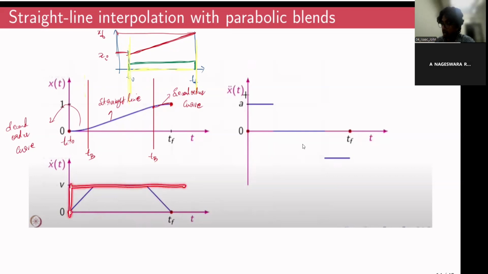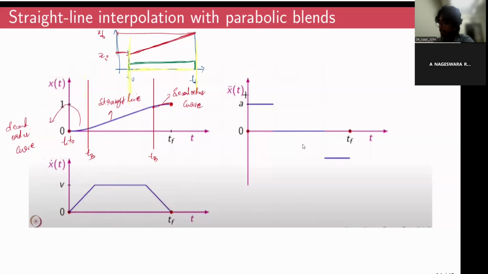It will be constant until it reaches the final time. Then it suddenly drops back, something like this. But due to the fact that we are blending a parabolic curve at the beginning and at the end, velocities would now vary linearly during the blending period. Like so, it will be constant and it will gradually decrease to tf.